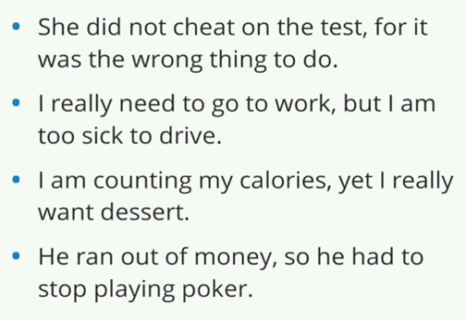The meaning matched. The sentences are matching with each other, so we can combine them and make a compound sentence. Another example, I really need to go to work, but I'm too sick to drive. Again, two feelings, two emotions are matching to make a compound sentence.